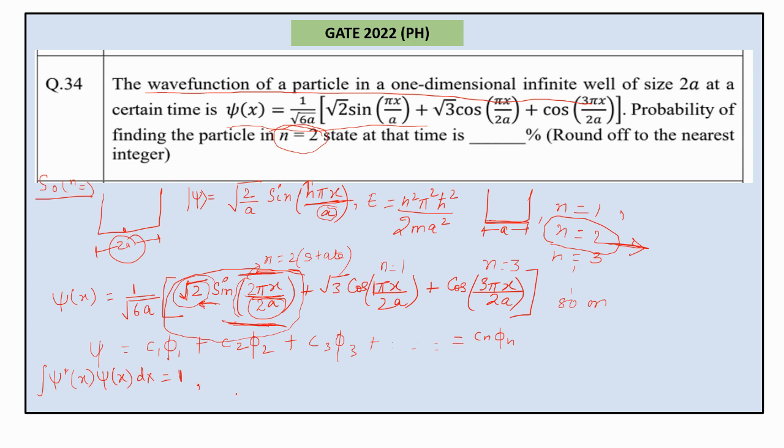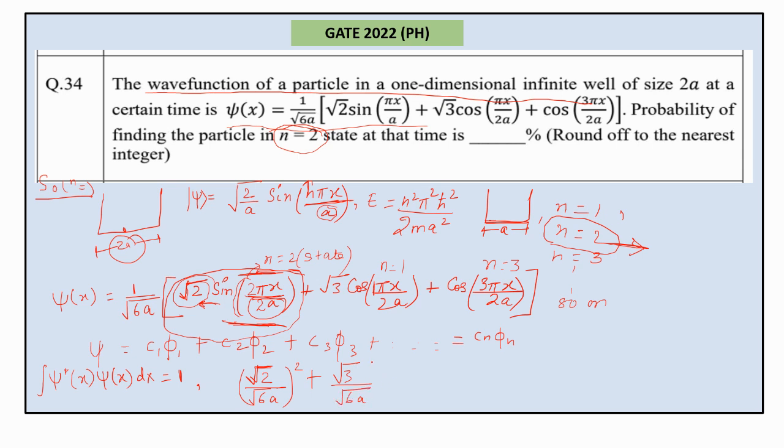If you do normalization here, you'll get 2 under root 6a. These sine terms will add up to give 1, so no need to include them. This will become root 3 upon root 6a.